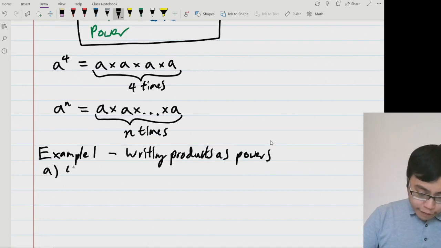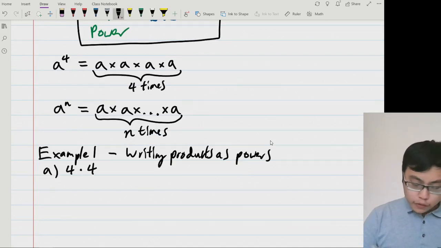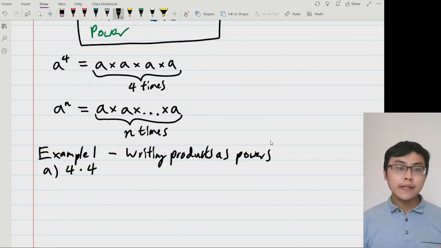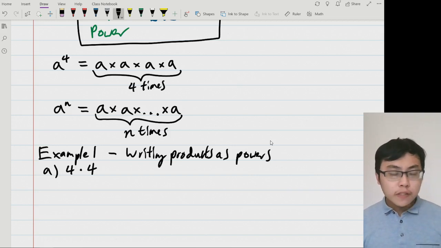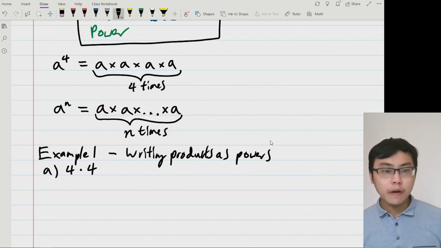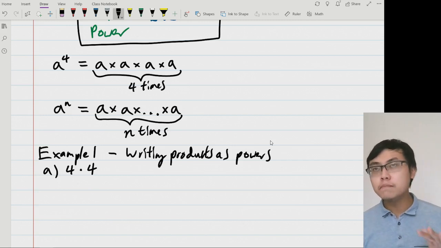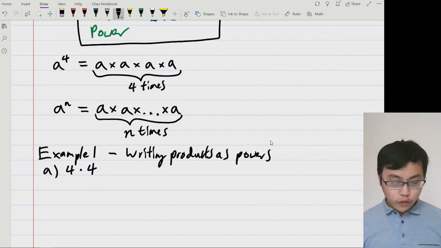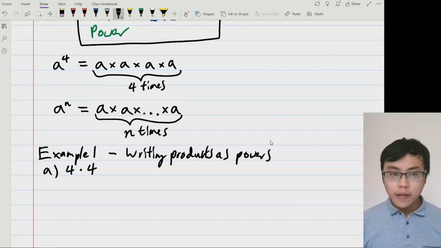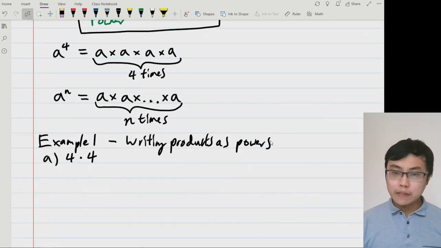I'm going to have two examples over here. Let's say that I have 4 multiplied by 4. I'm using a notation that may look different. In the first lesson, we talked about 4 times 4. You can write that as 4 dot 4. Remember, 4 dot 4 is the same as 4 times 4. And so how do we write this as a power?